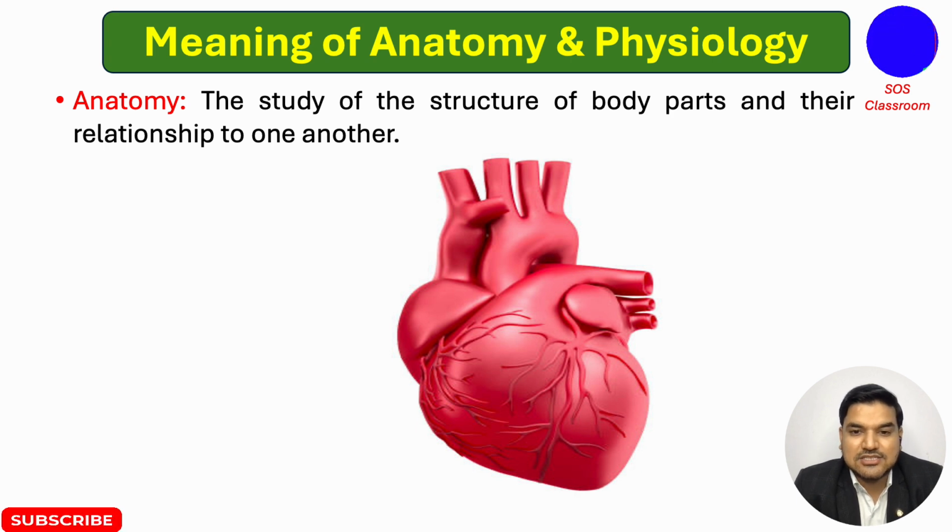And what is the muscular structure of the heart? Pericardium, myocardium, endocardium, and how many chambers, how many ventricles. These all come under anatomy. It means we are studying only the structural part, how it is formed in our body. So anatomy means only the structural study of the body parts and their relationship with one another.